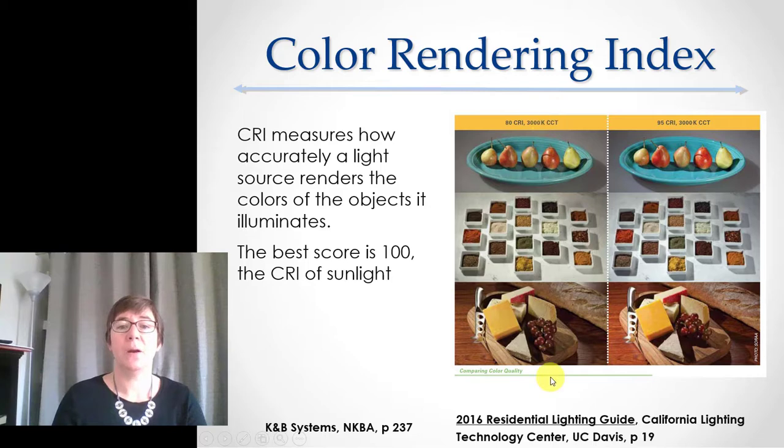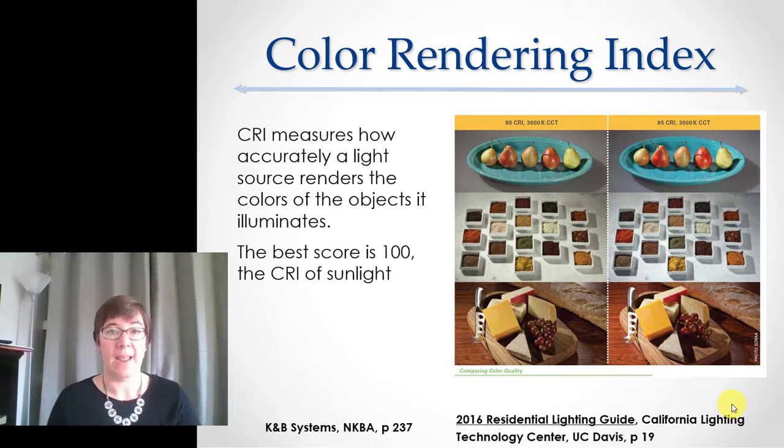So here are two scenes, actually 3 scenes, each illuminated with a different light. On the left here is a light that has a color rendering index of 80 and a color temperature of 3000 Kelvin.